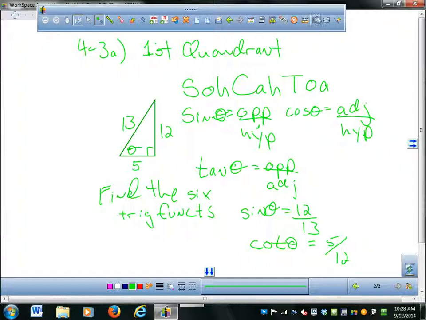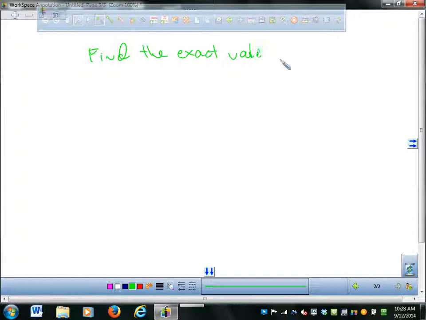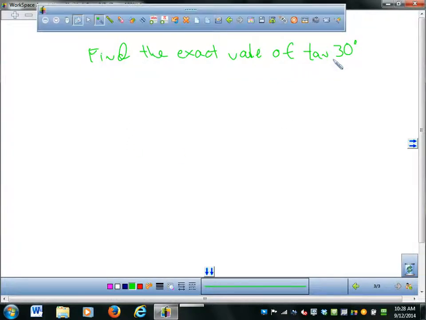If they say give exact values, I think I talked about this yesterday, but if they say find the exact value of tan of 30, that means that you can use your unit circle.